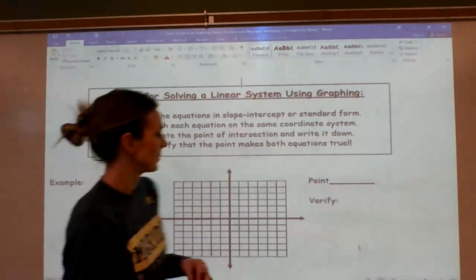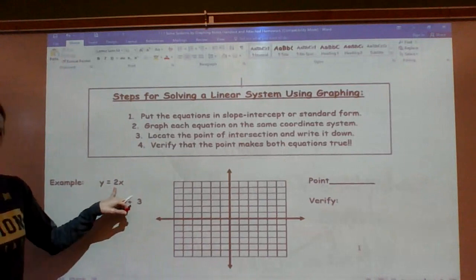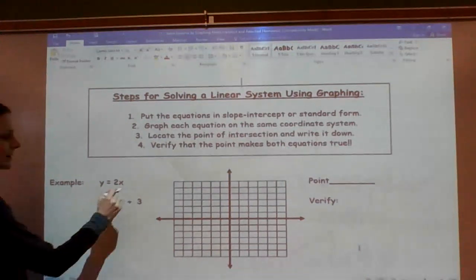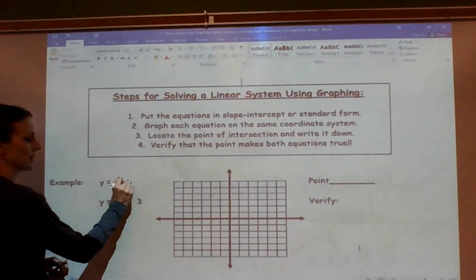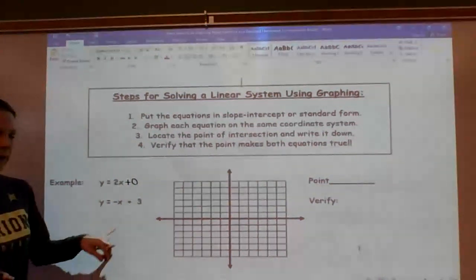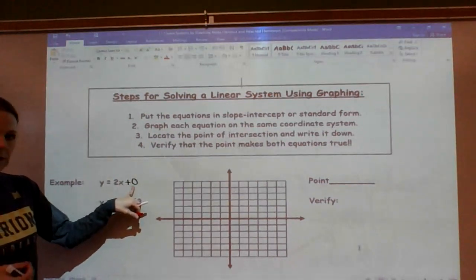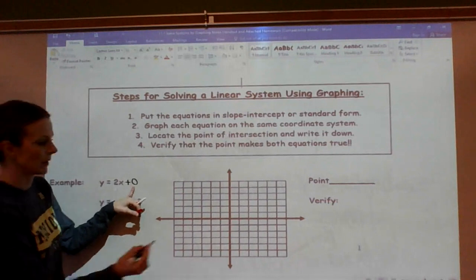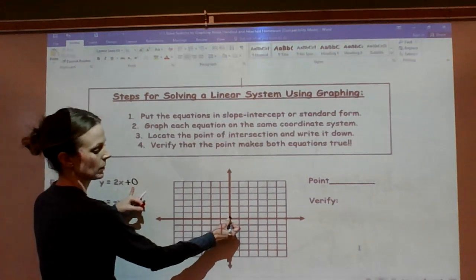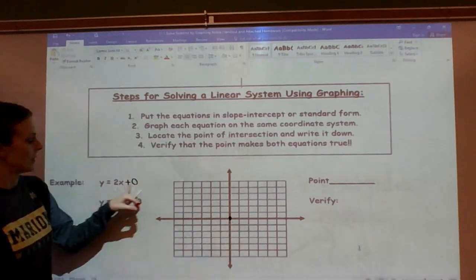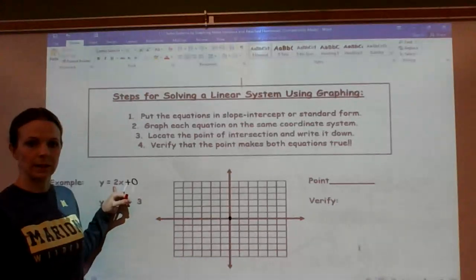So, looking at my first equation, y equals 2x. Again, they don't have a y-intercept, so I'm going to put a 0 back here. Remember, the constant number is your y-intercept, so we're going to have a y-intercept at 0. And then the number in front of the x, that's your slope.